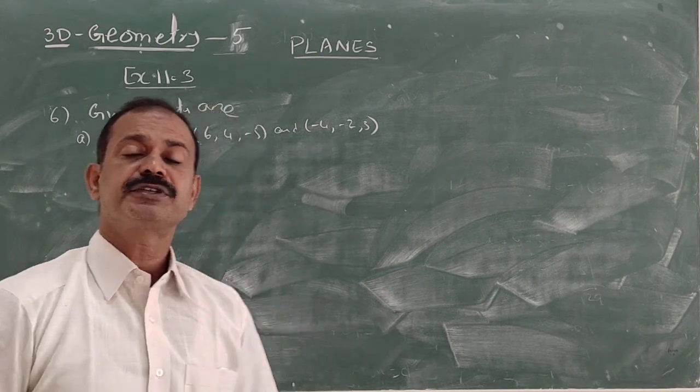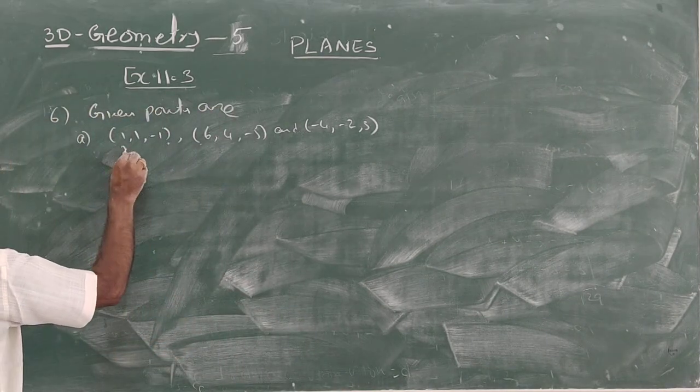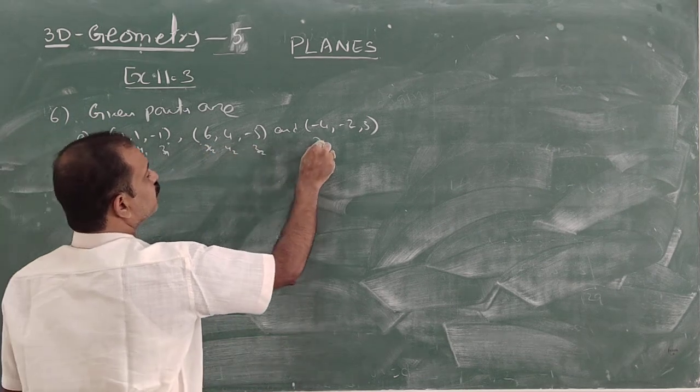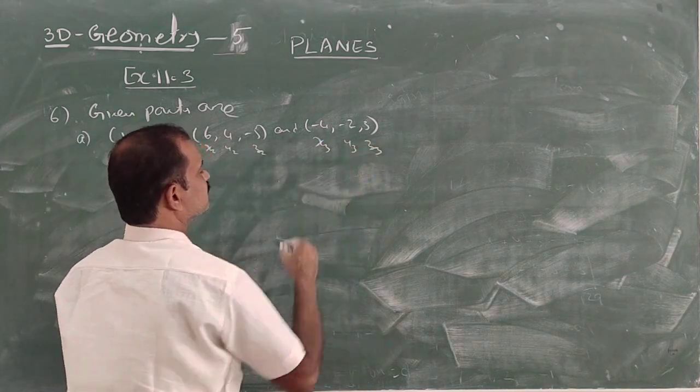So the plane passing through 3 points x1, y1, z1, x2, y2, z2, x3, y3, z3.